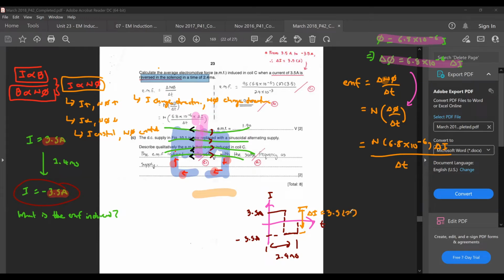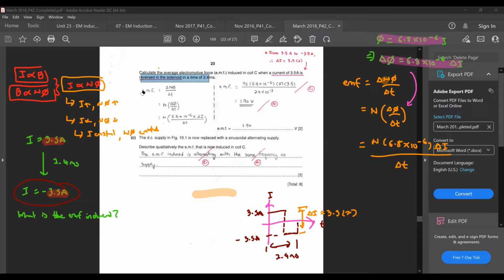So the change in current is just 2 times 3.5. Your working looks like what you see on the screen right now, written in pencil there. So you're going to get the EMF as 1.9 volts.